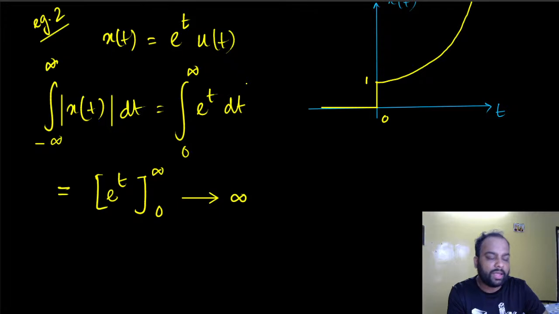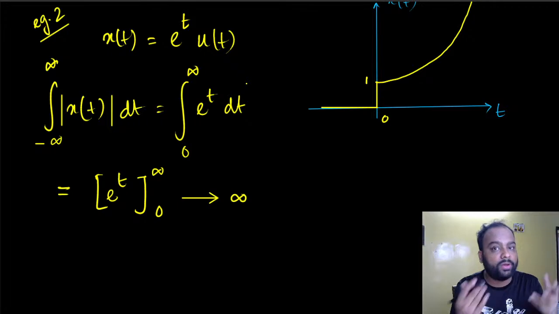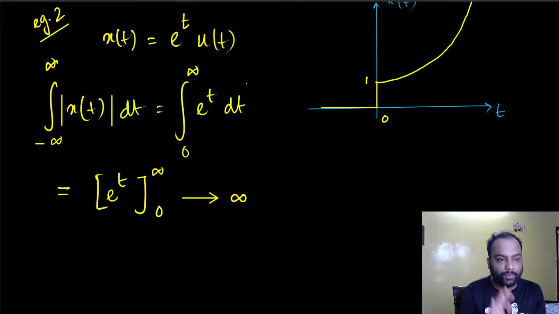But these signals are so common in control system engineering, and unfortunately they do not have a Fourier transform representation, and that is why we have to resort to the Laplace transform. So we will see how the Laplace transform gets around this issue and figures out a way of dealing with signals like this. Signals that often do not have a Fourier transform can be expressed in terms of a Laplace transform.